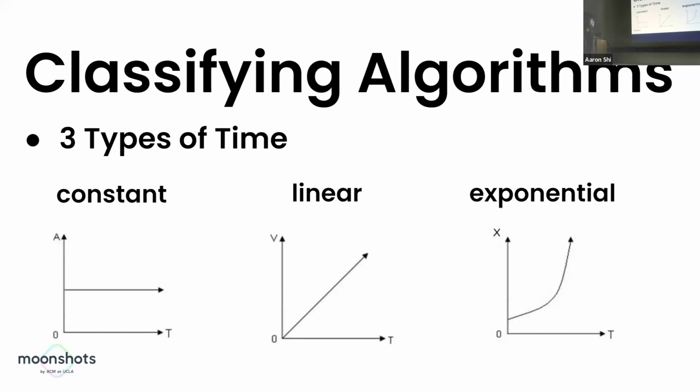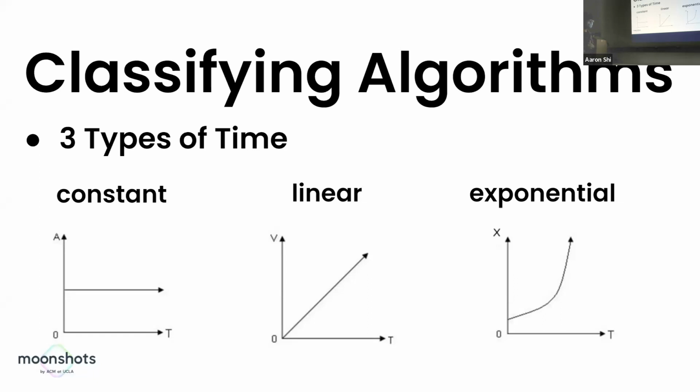With these graphs, on the x-axis, you have the size of input, and on the y-axis, the time taken to solve the problem. These are some examples of what algorithm complexity might be grouped into. Some will do constant time, for instance, outputting the first character in a file, which doesn't depend on how long the file actually is.